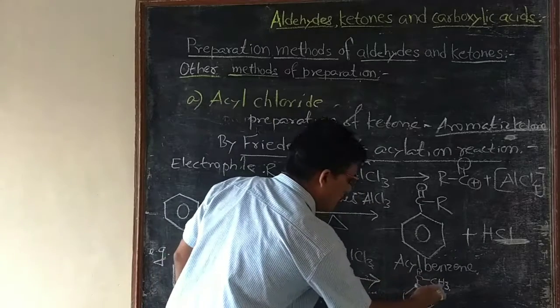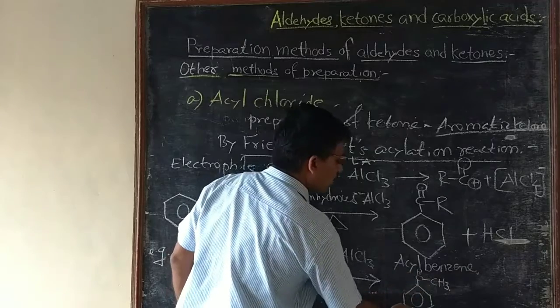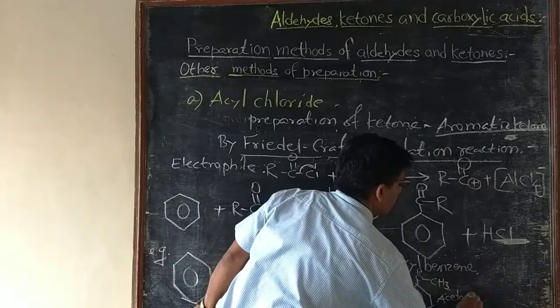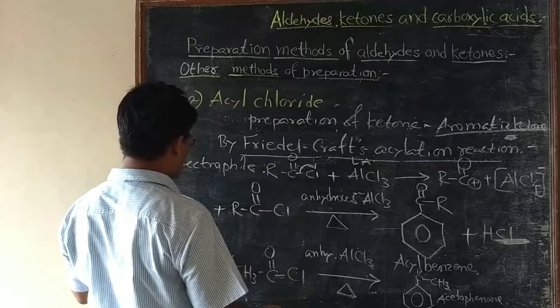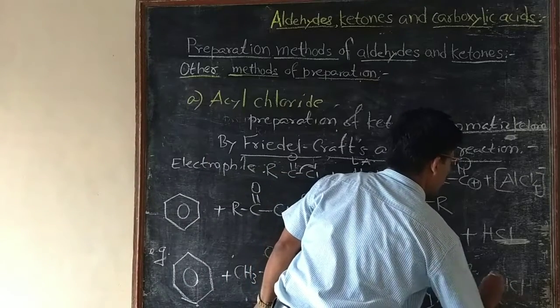Its name is methyl phenyl ketone and another name is acetophenone. And this Cl and this replaced hydrogen form HCl.